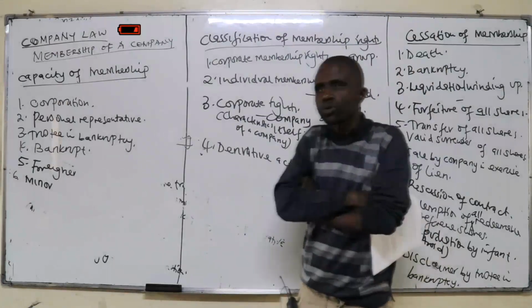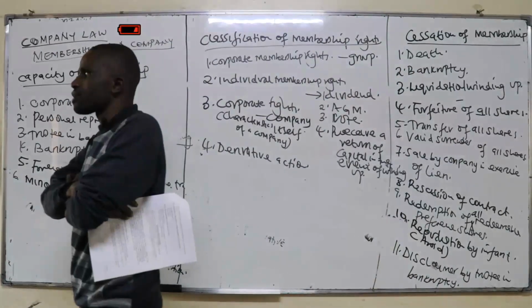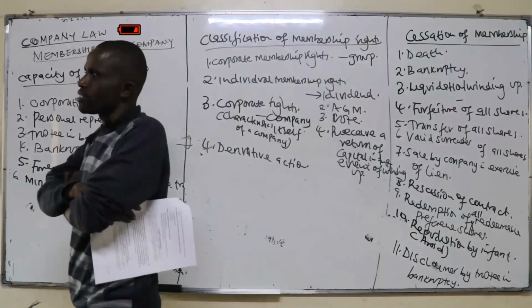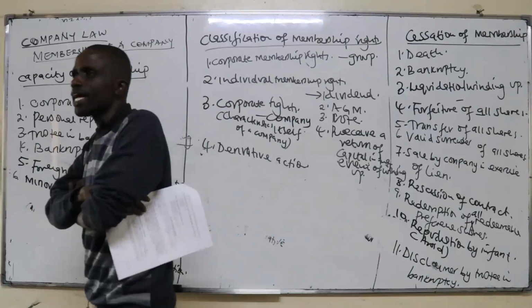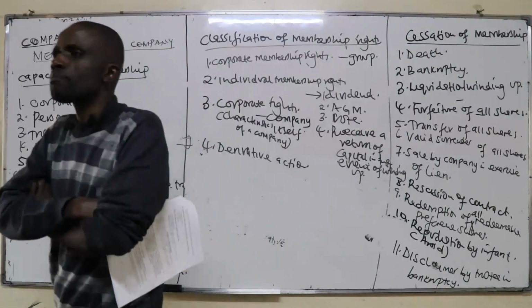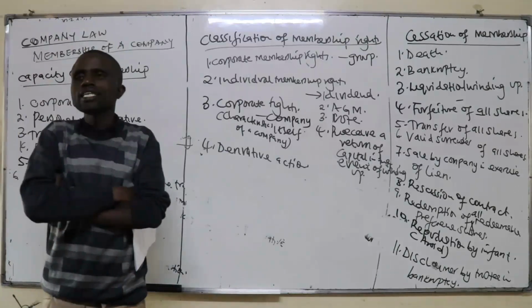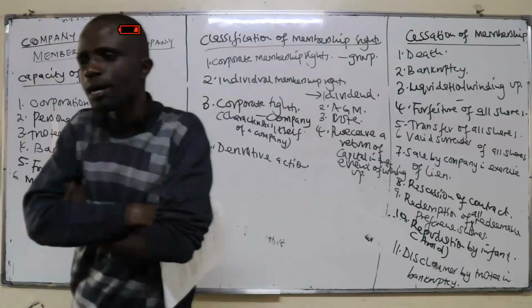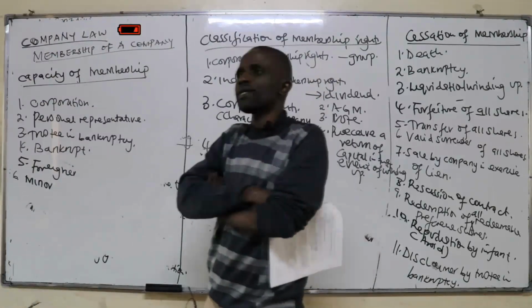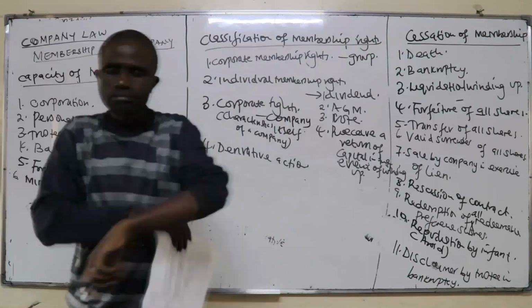The second rule, the register may be kept elsewhere as long as the company has arranged with another person for making up the register. The third rule is that that other place should not be outside Kenya. And rule number 4, the registrar must be informed of any other place the register is kept other than the registered office.